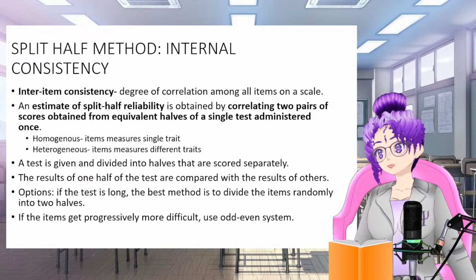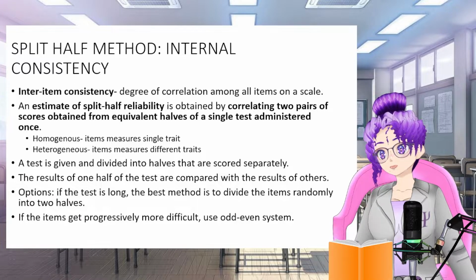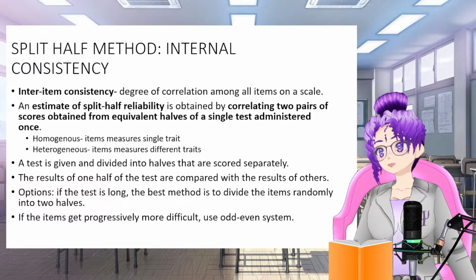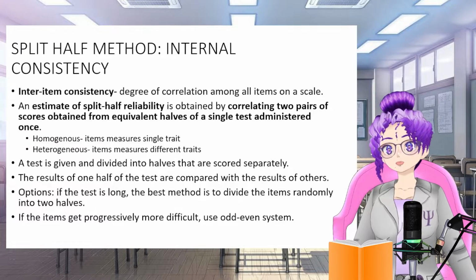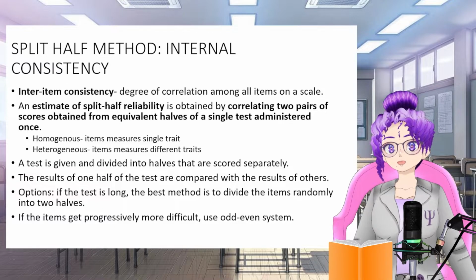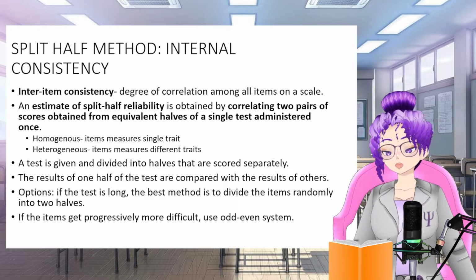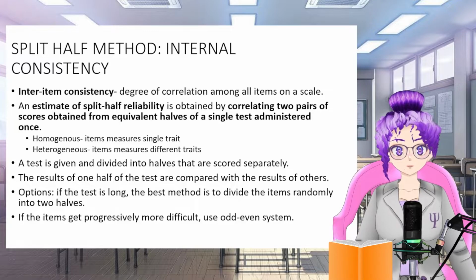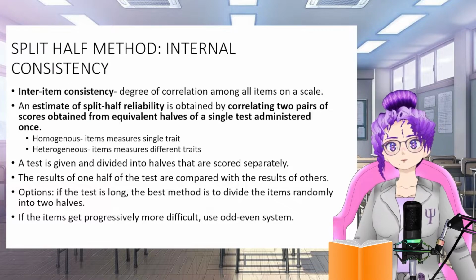Inter-item consistency is the degree of correlation among all items on a scale. An estimate of split-half reliability is obtained by correlating two sets of scores obtained from equivalent halves of a single test administered once.